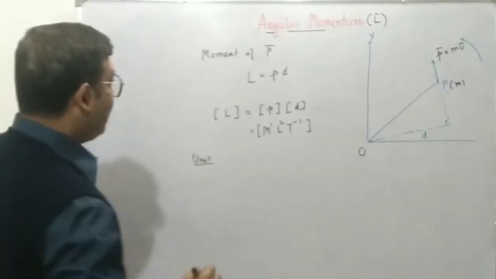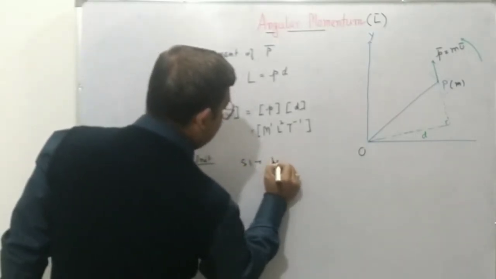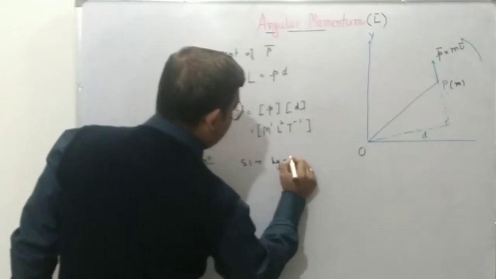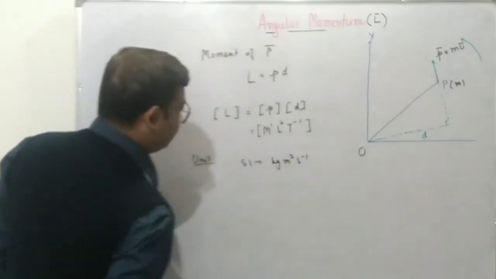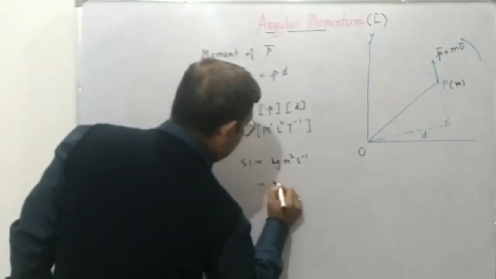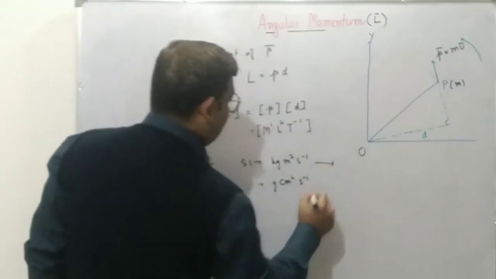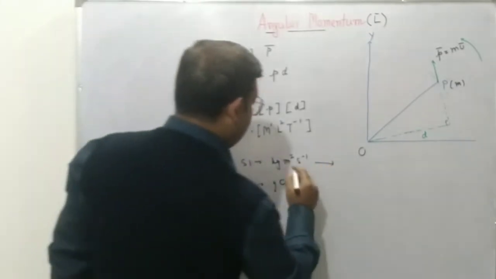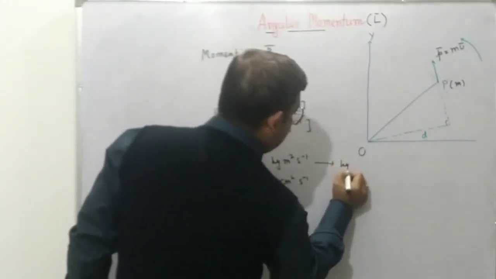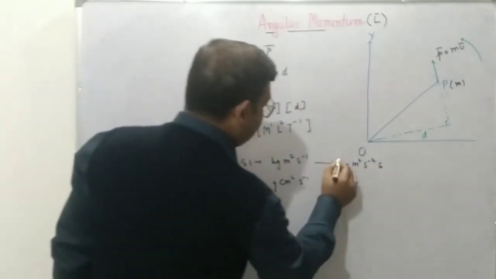What will be the unit of angular momentum? In SI it will be kg meter square per second. In CGS it will be gram centimeter square per second. However, kg meter square per second can be written as kg meter square per second square into second.